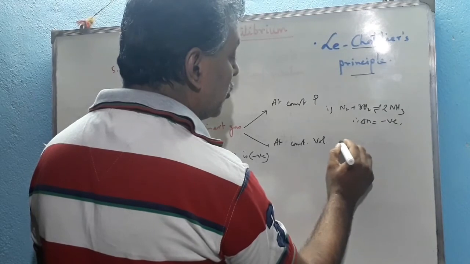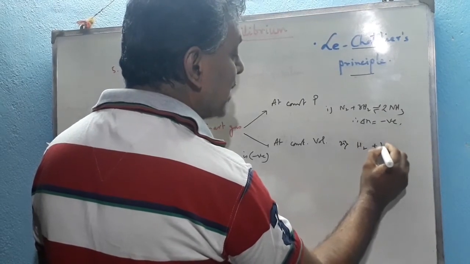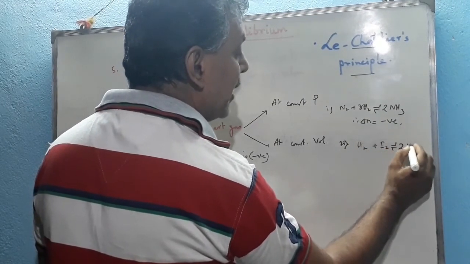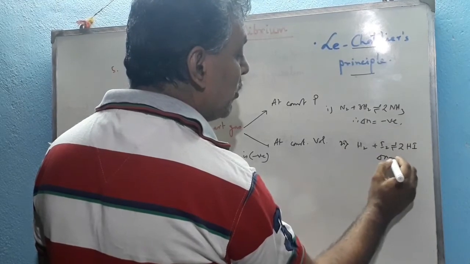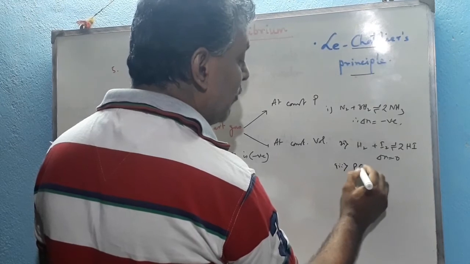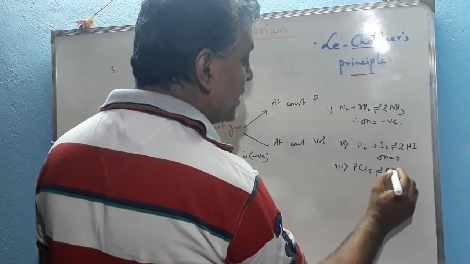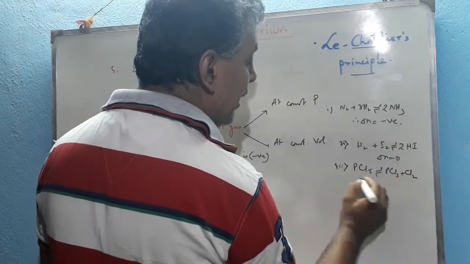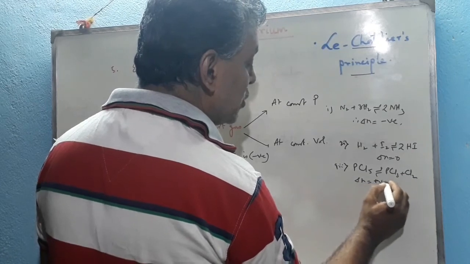Again, number 2, H2 plus I2 reversible to HI, here del N is 0, and number 3, PCl5 dissociates to form PCl3 plus Cl2, here del N is positive.